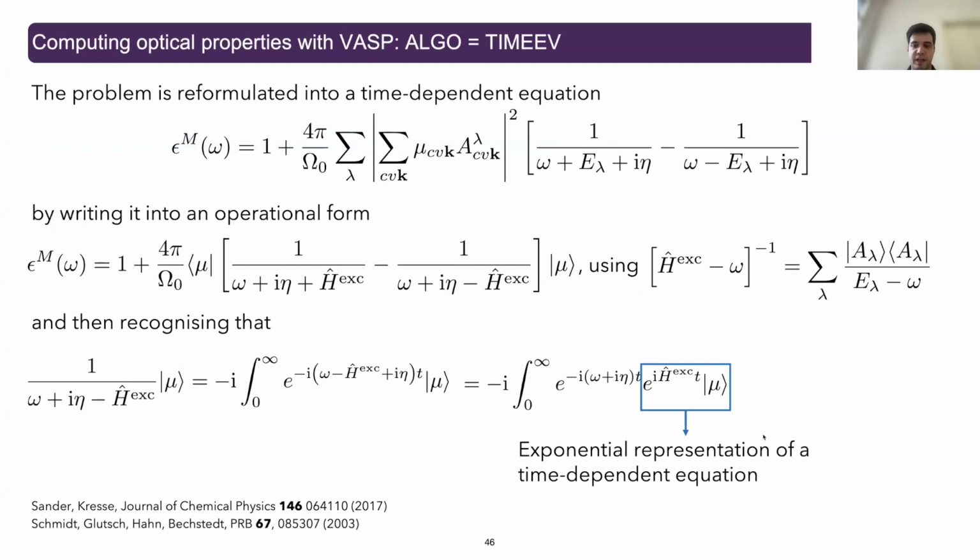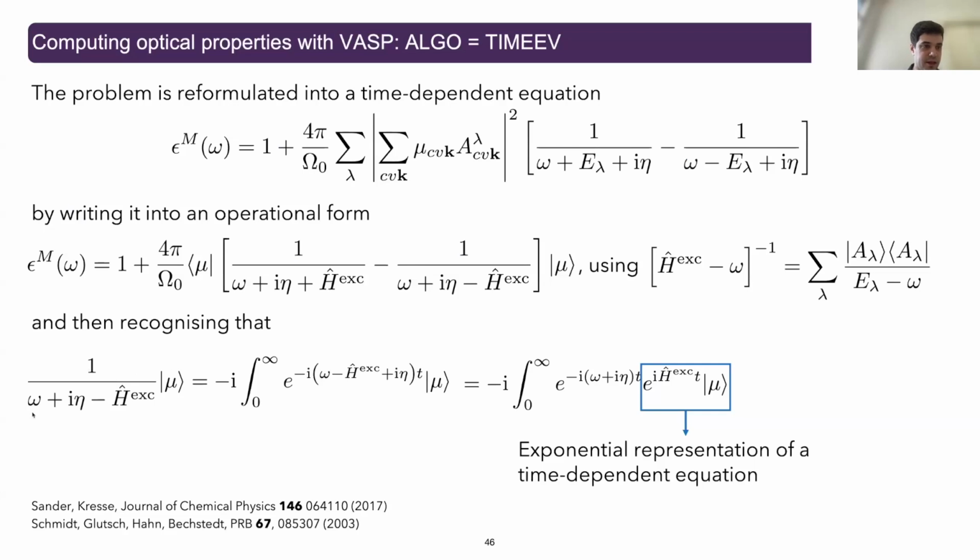Now, VASP can compute the dielectric function in the TDDFT framework with another interpretation of the dielectric function. It comes from the fact that this expression for epsilon can be written into an operational form, recalling again the spectral representation here. And here you employ a trick.